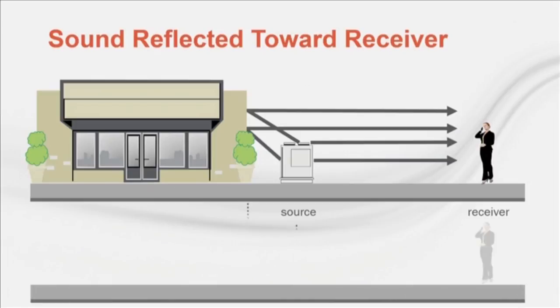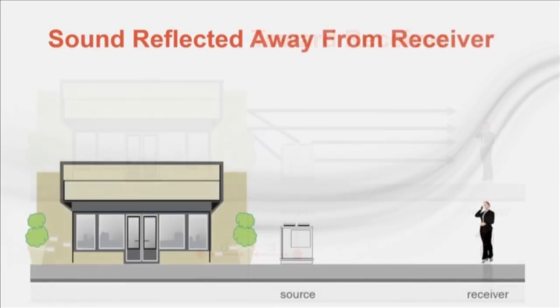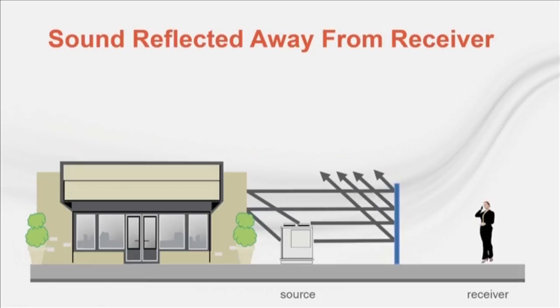One way to visualize this extra distance is to think of the reflected sound as a second sound source located behind the original sound source by twice the distance to the wall. Oftentimes, a barrier is used to deflect or block noise from reaching the receiver. When a barrier is inserted into the example, some sound is reflected away from the receiver and the resulting sound pressure level at the lot line is lower.